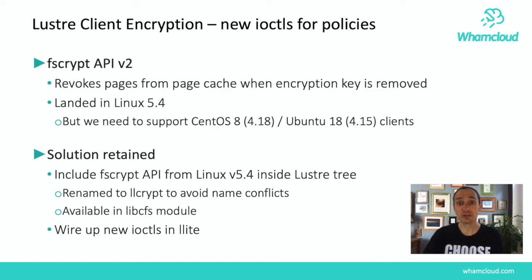So the solution retained was to copy the FSCrypt code from the Linux kernel into the Lustre tree. We renamed it to LLCrypt in order to avoid name conflicts, and now it's available in the libcfs module. So once that was done, we wired up the new I/O controls in llite.